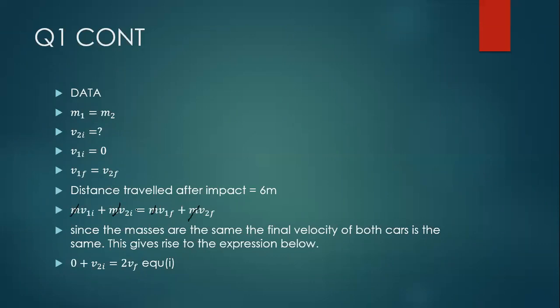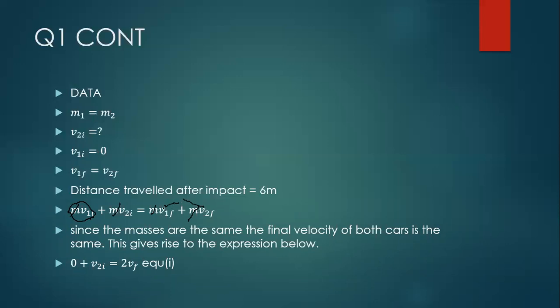And then we also know that for car 1, we are told that velocity is 0. So initial momentum for car 1 is 0. Since we have cancelled out the masses, we only remain with V2. Now, V1 and V2 are the same.